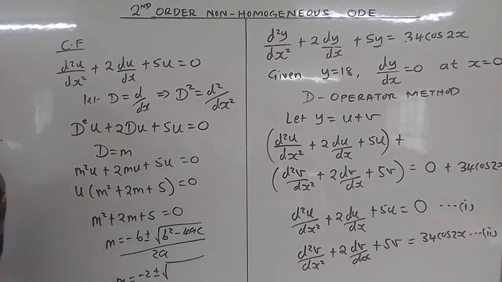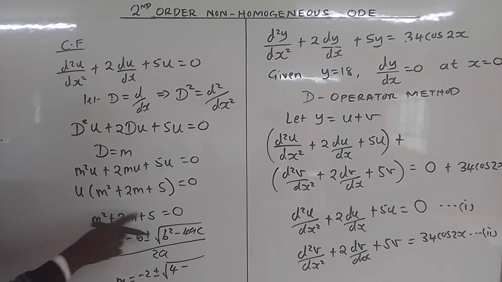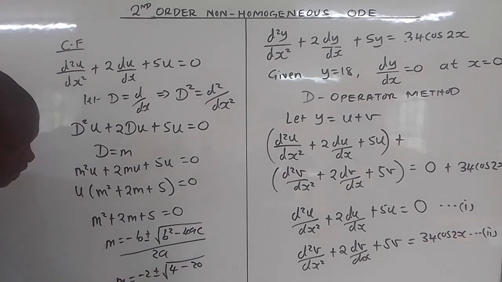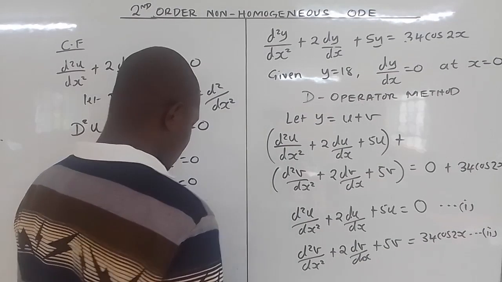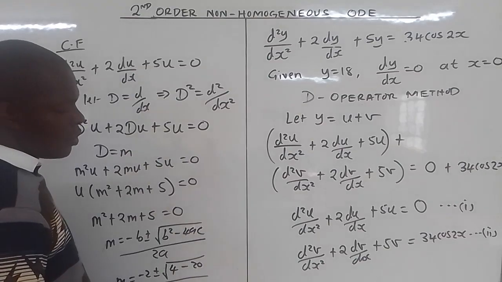What is b squared? That is 2 squared, which is 4, minus 4 times a times c, 4 times 1 times 5, which is 20, over 2 times a, 2 times 1, which is 2. What is m?